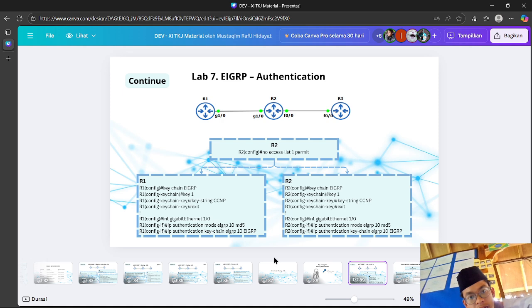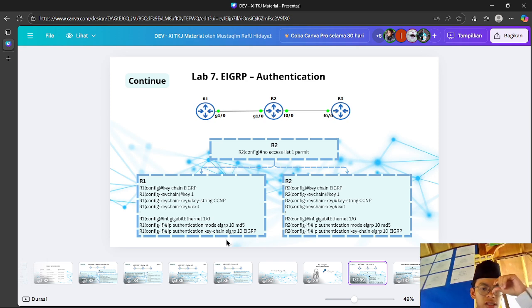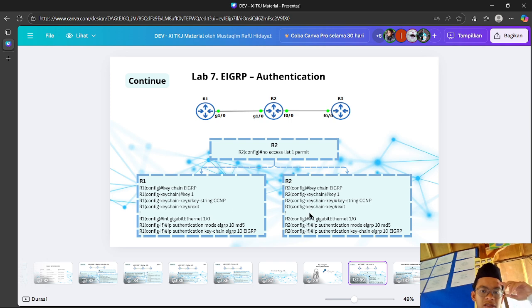Now the next is EIGRP authentication. First, in router 2 we write access-list 1 permit. Then we configure router 1: key chain EIGRP, then key name with the key string. In key chain EIGRP, key 1, key-string CCNP, it must be the same on router 1 and router 2.